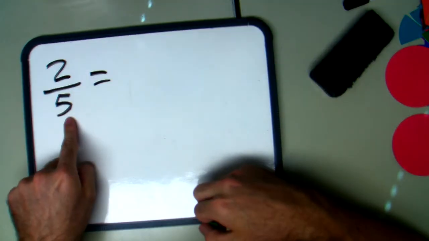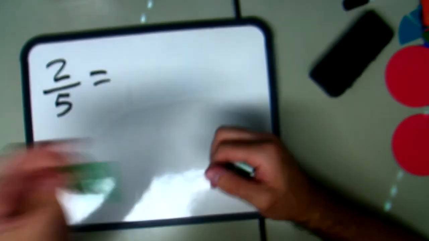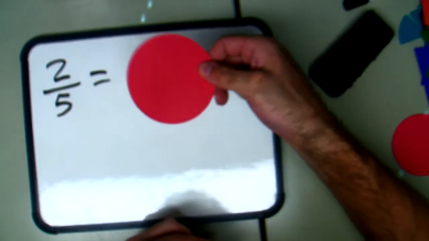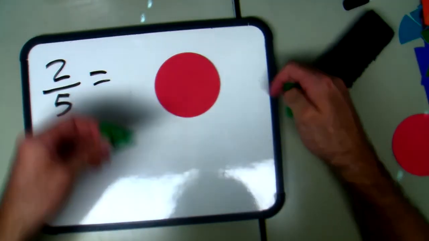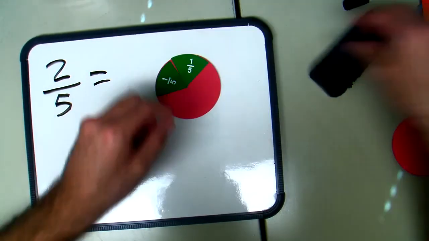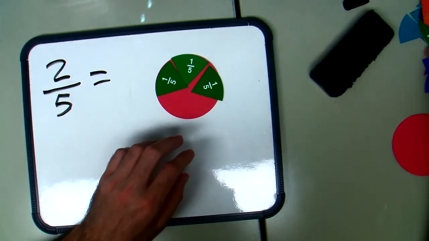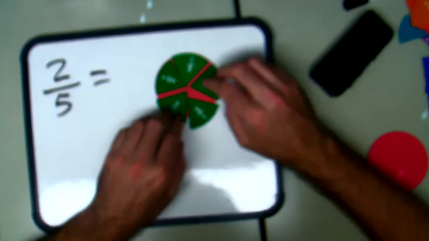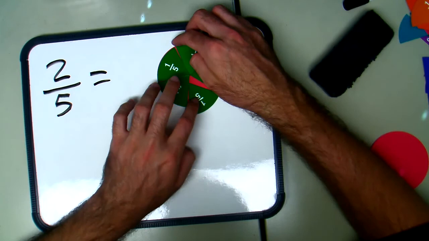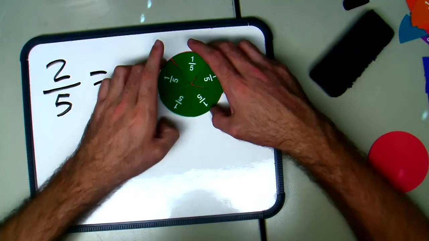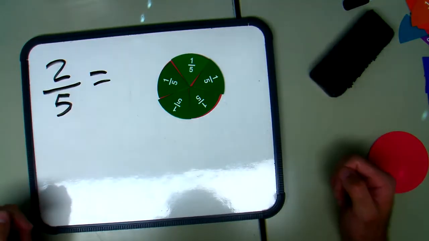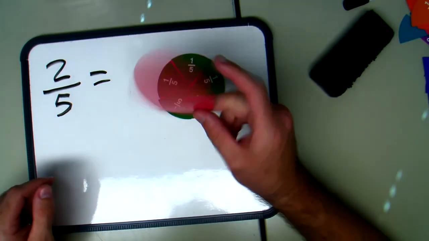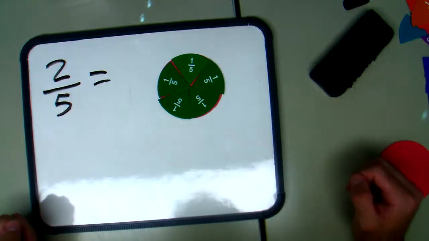The bottom number, the denominator, says I need 5 of them to make one whole. Okay, let's see. There's one whole. I need 1, 2, 3, 4, 5. Yep. If I have all 5, that is one whole pizza.